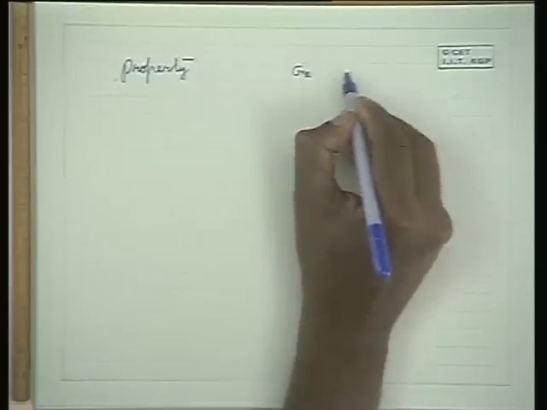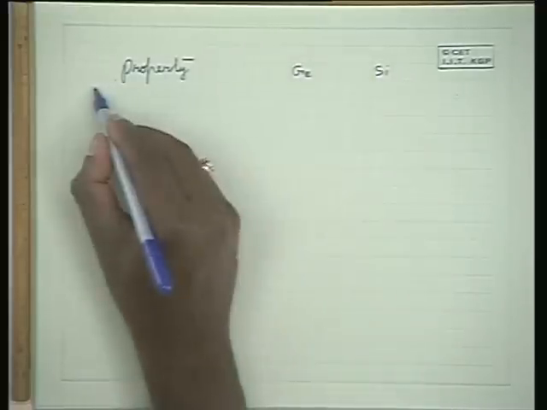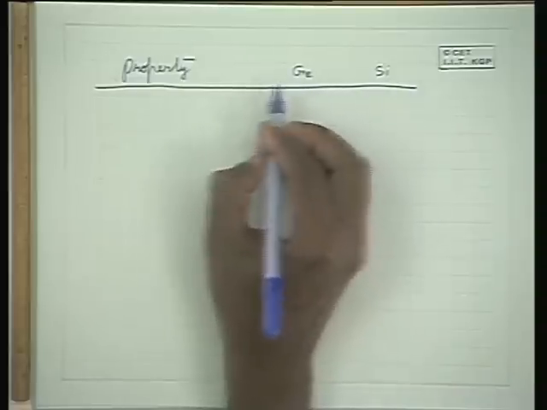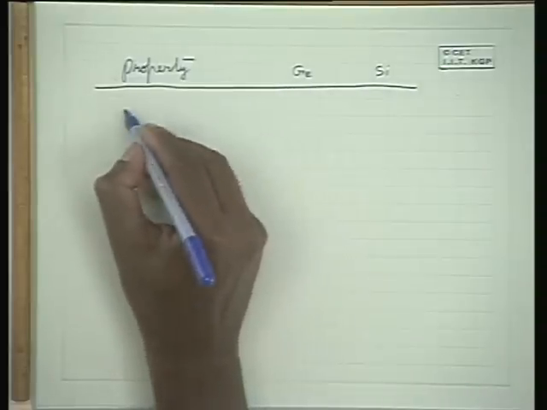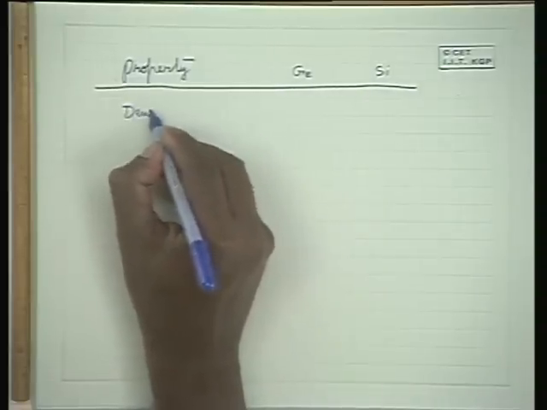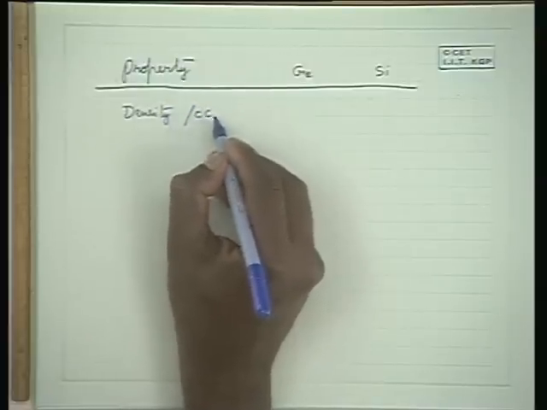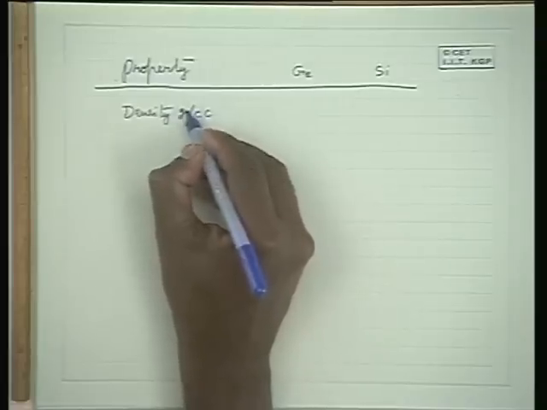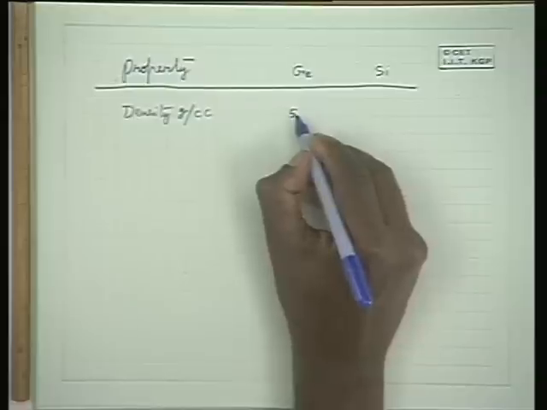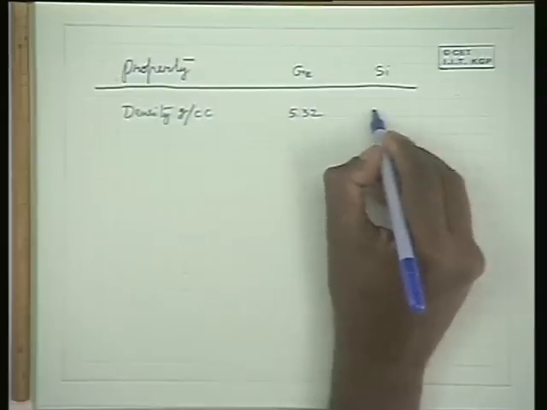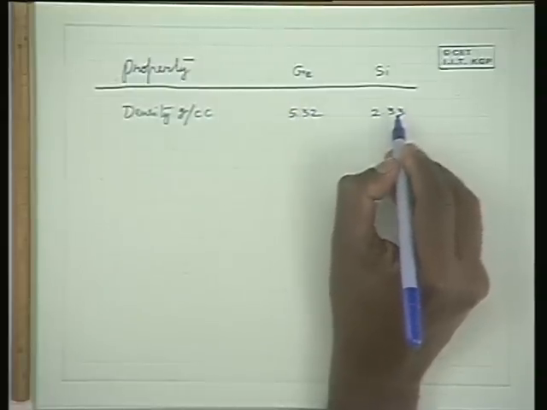This is for germanium and this is for silicon. It is interesting to note that the density, in grams per cc, is 5.32 for germanium, and for silicon it is 2.33.